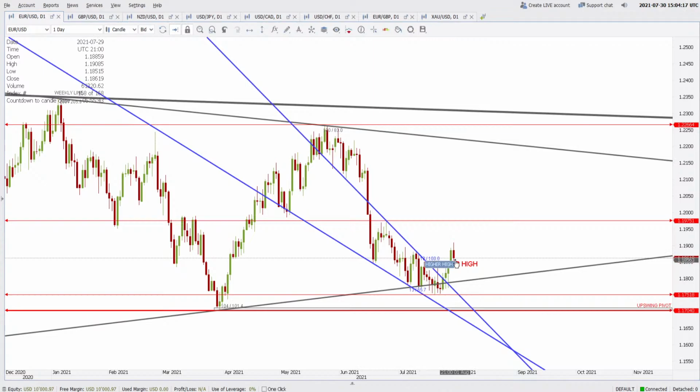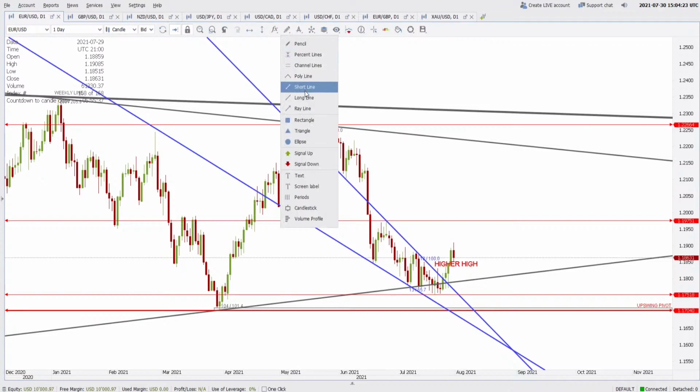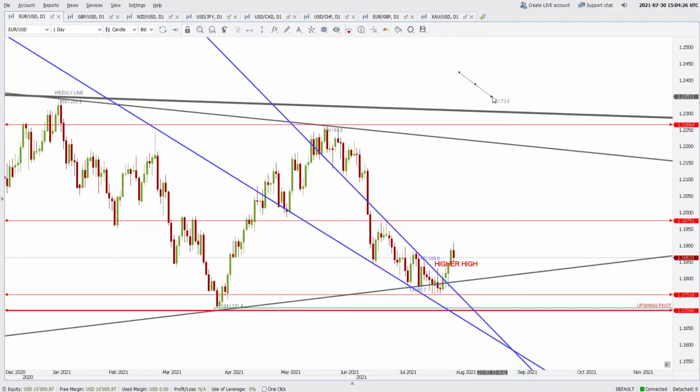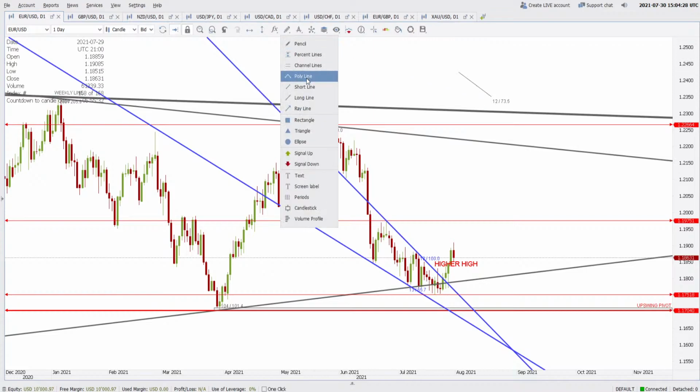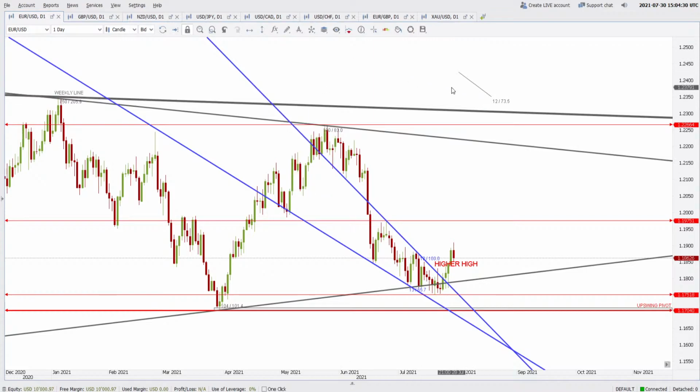Now when the falling wedge is broken, how the targets are measured, I have explained in that patterns video, but I will shortly explain here also.